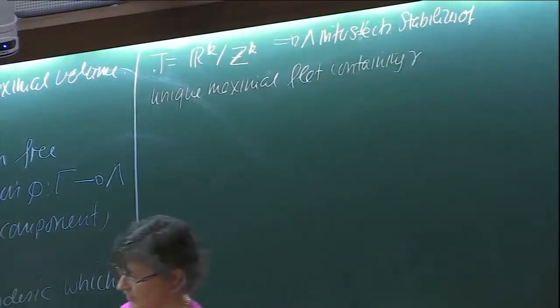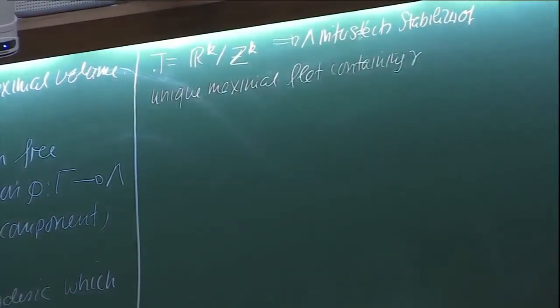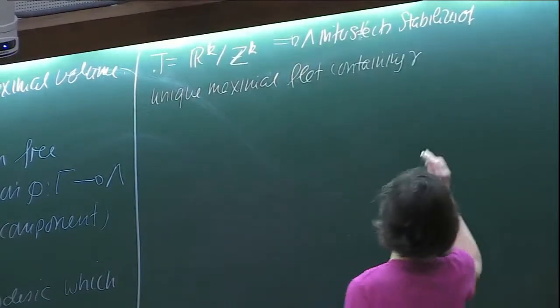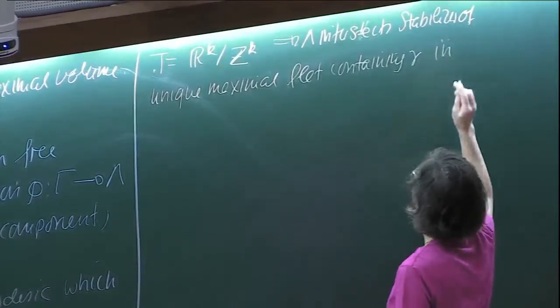So here I pick the geodesic. Actually, what I'm saying here is a little bit lying because you have to worry about conjugates. But morally it's correct. So, the unique maximal flat containing gamma in a lattice.